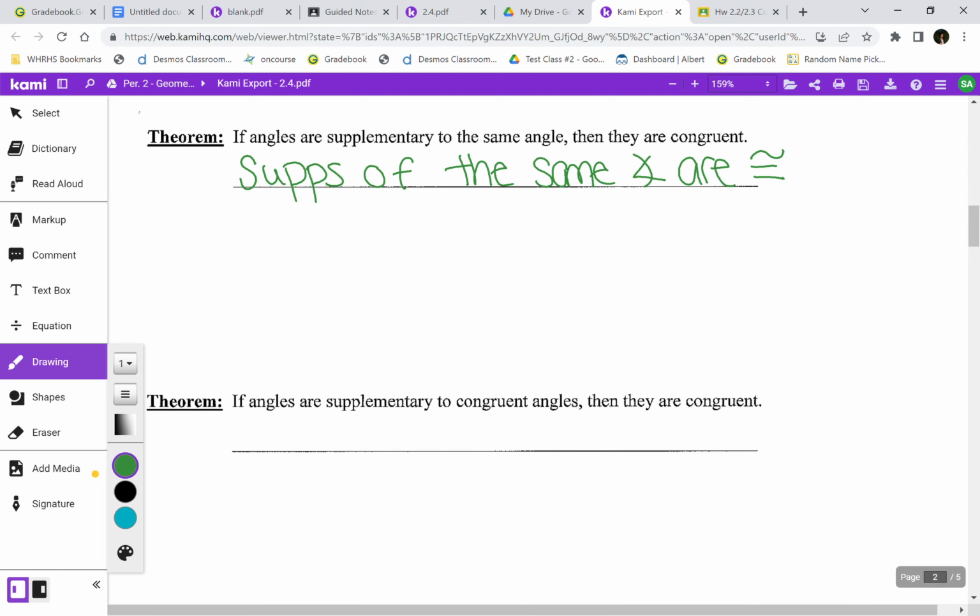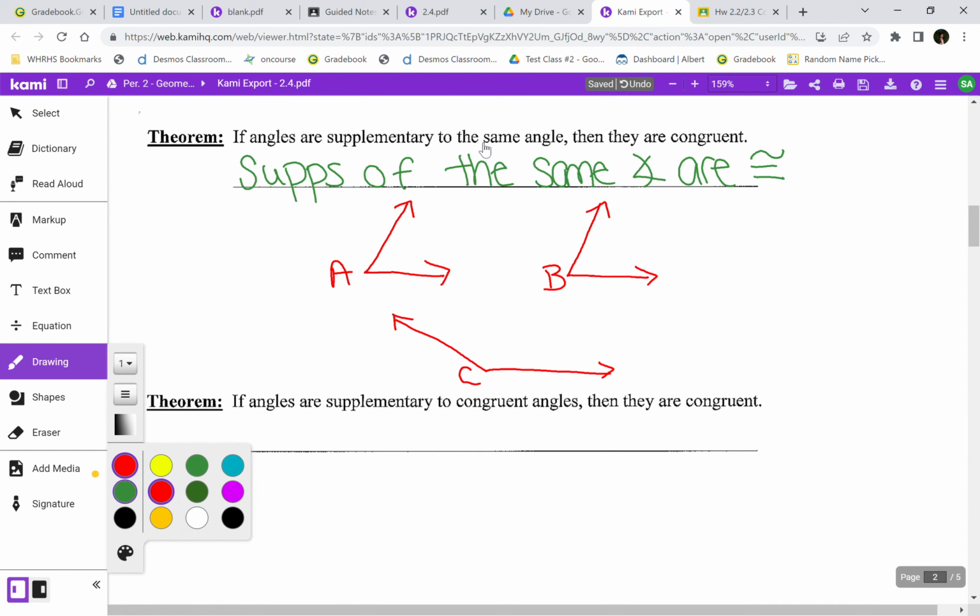Okay, did everybody write that down? Can I explain to you what this means now? So let's say we have three angles. Let's say I have angle A, I have angle B, and then I have angle C. And let's say I told you angle C was 100 degrees.